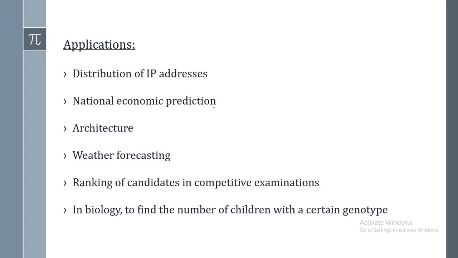Next is national economic prediction and architecture, weather forecasting. In weather forecasting, to predict at what time, on what day, or in what month we will get rain and storms or any natural disaster, we will use binomial theorem.